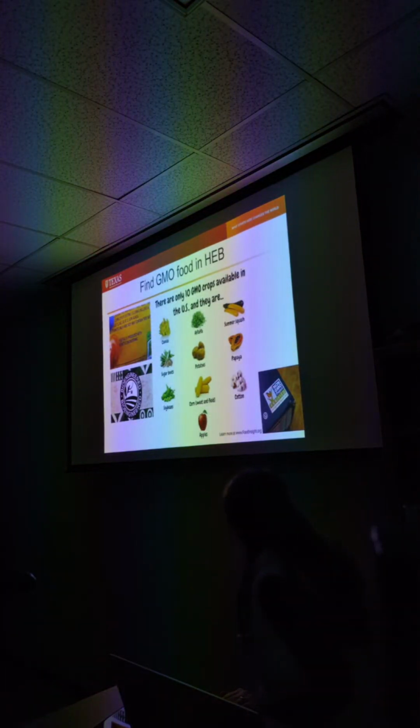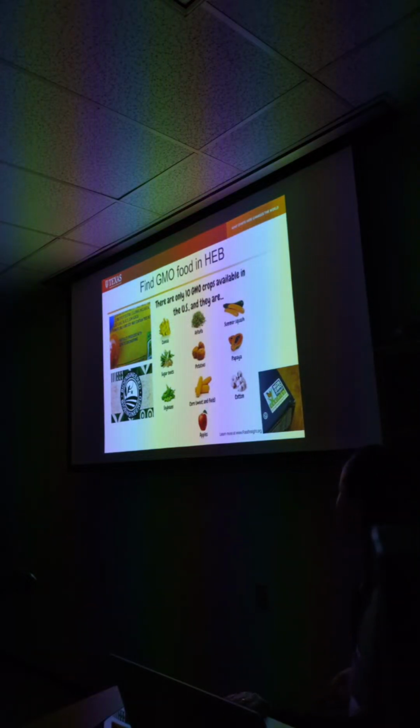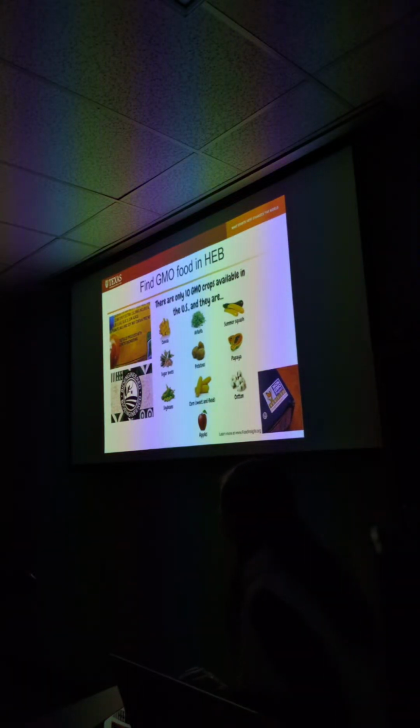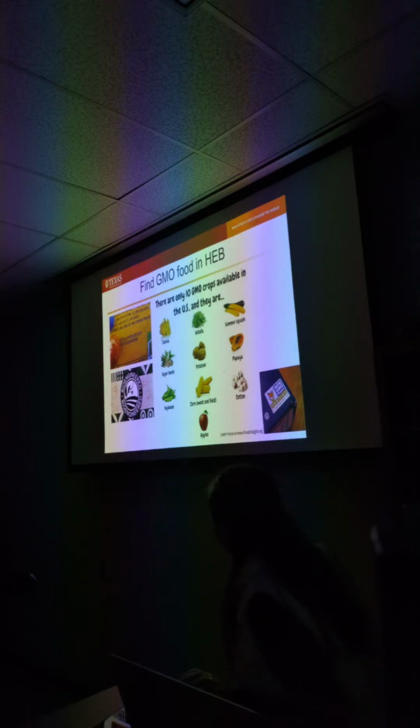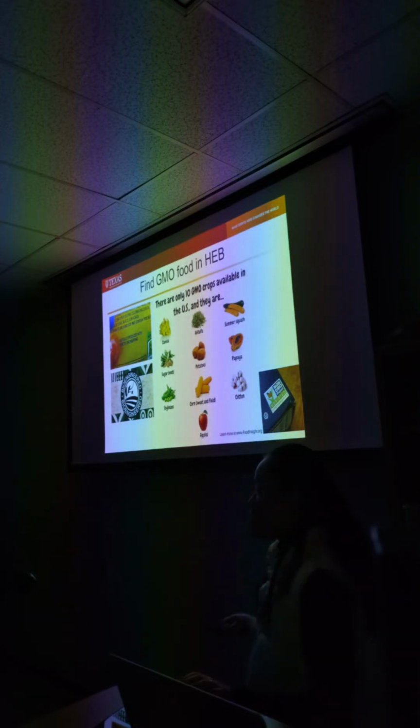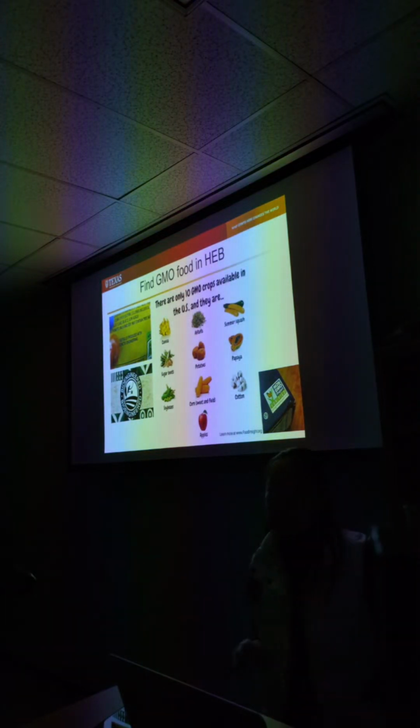So this is the last part of my talk today, and this is the take-home homework. Next time if you go to the grocery, you can try to find some GMO products. Usually they will be labeled as genetically engineered or bioengineered, and so far there are only 10 GMO crops available in the US, and the same in other countries and areas.